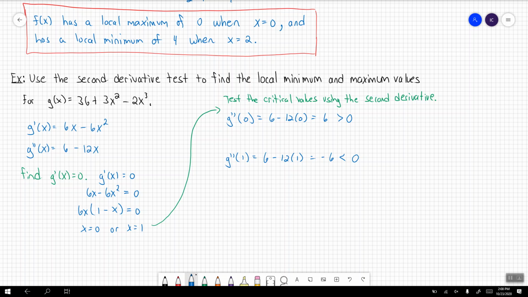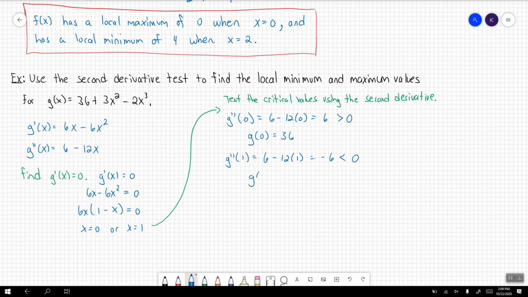So now that we've extracted this, we're going to go ahead and find what those values are. So in order for us to find those values, the first thing that we're going to do is evaluate the function g at the values that we initially looked at, so g of 0. G of 0 is going to get us 36.